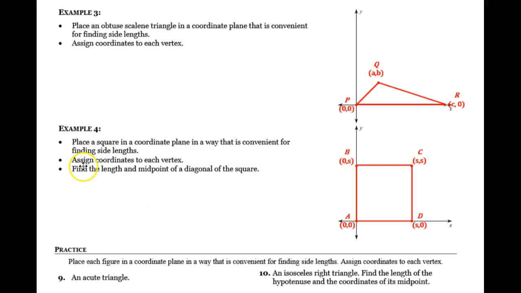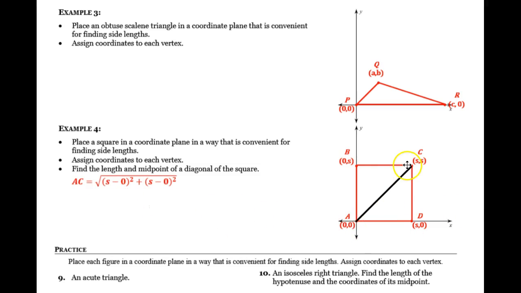And we want to find the length and the midpoint of the diagonal. So if I draw a diagonal in here, and I want to find my distance, that's the distance formula.